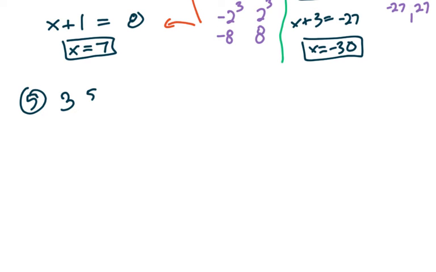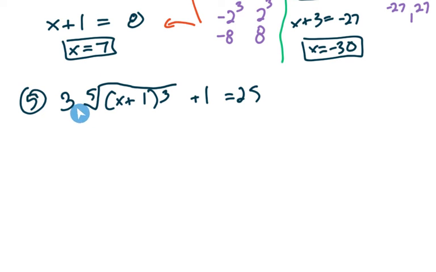Three times the 5th root of x plus 1 cubed plus 1 equals 25. All right, so the first thing I'm going to do is rewrite this fifth root of x plus 1 cubed.